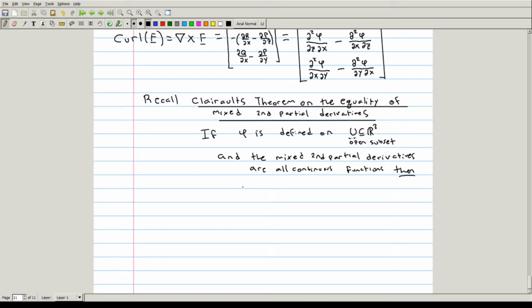So in this case, d squared dz dx is equal to the second partial derivative of phi in the reversed order. Or the x partial derivative of d phi dz is equal to the z partial derivative of the x partial derivative of phi.